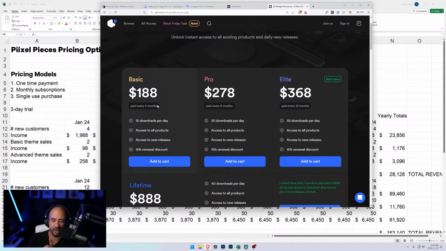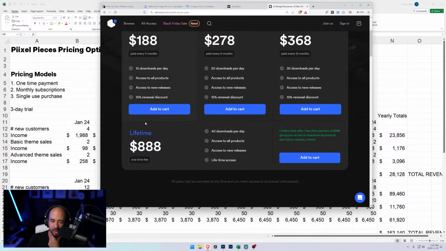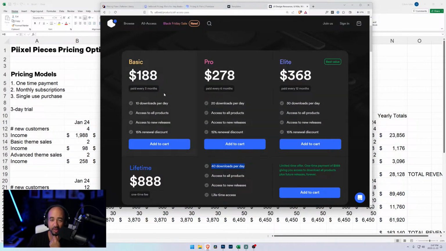But they have their subscription models, and it's based on 3 months, 6 months, 12 months, or a lifetime. So it's very interesting, but it's weird that they have lifetime, but they also have a limit to how much you can download per day, which is kind of annoying. But that's a lot of downloads per day. I like that it's not, I mean, I guess it is still a subscription, but it's not just for 1 month or what have you.